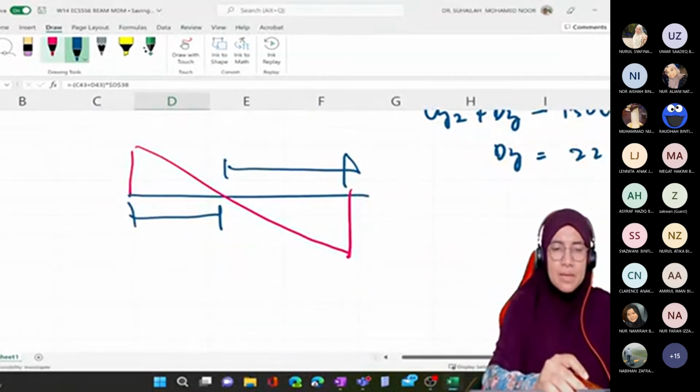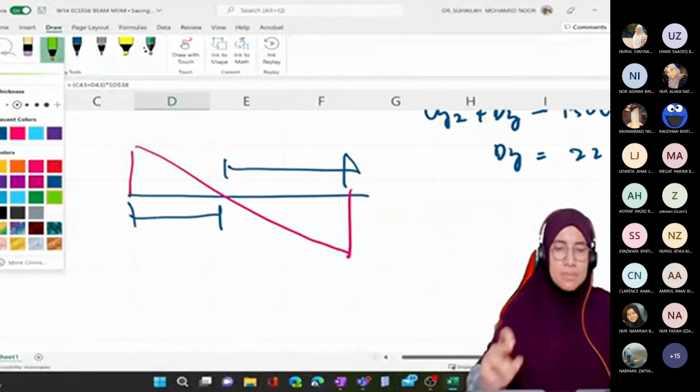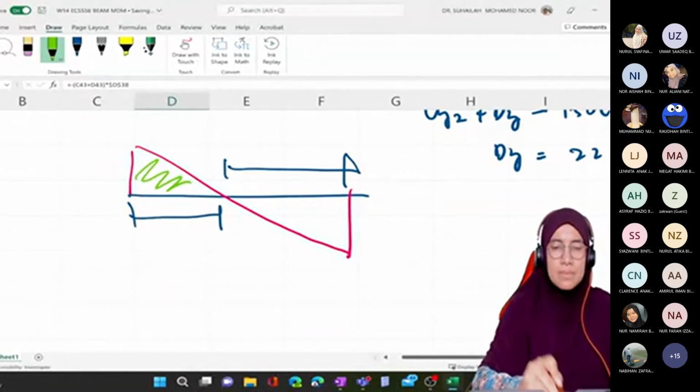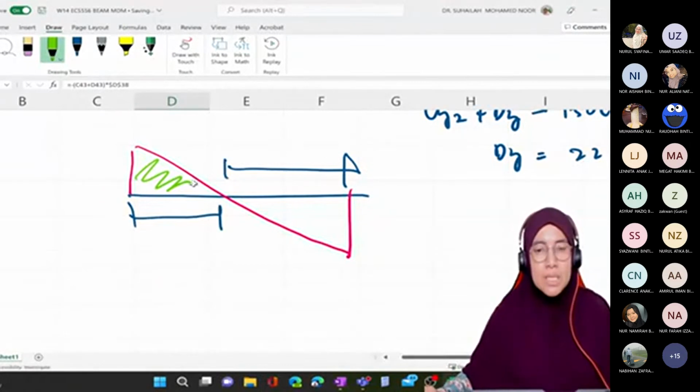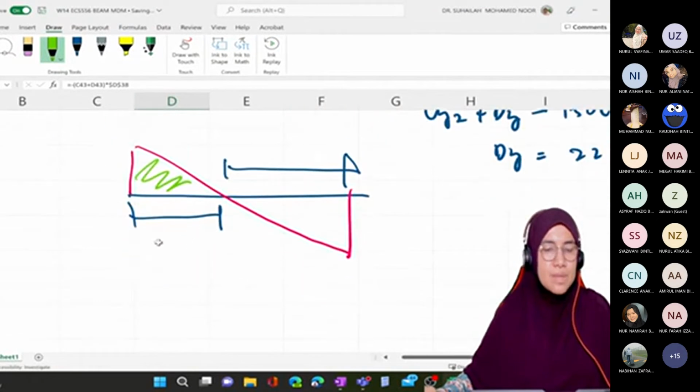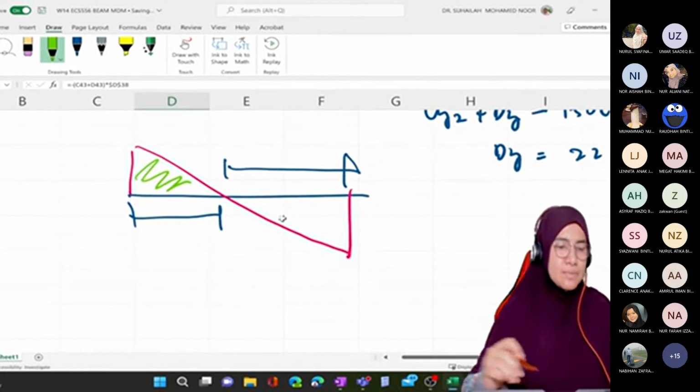Then the area, from the area we can get the moment. So how to get this distance?